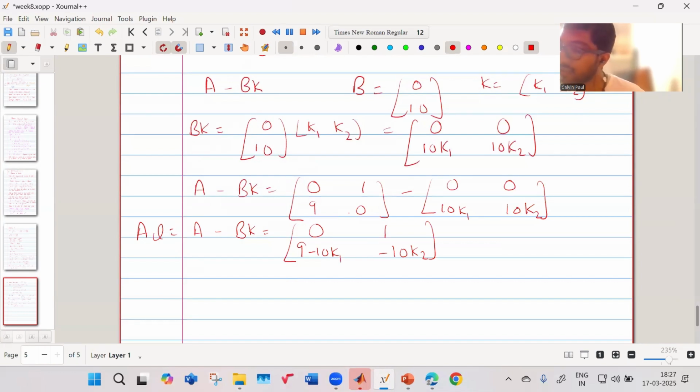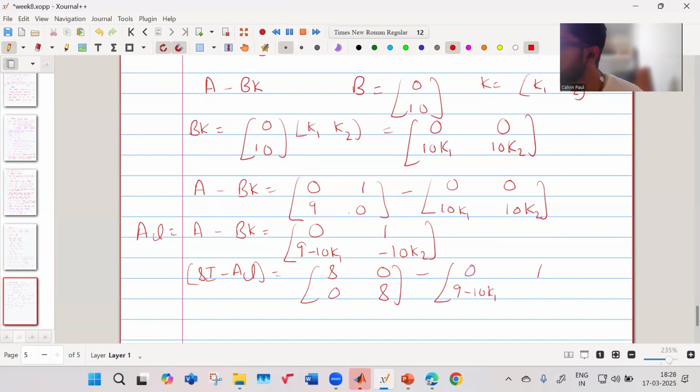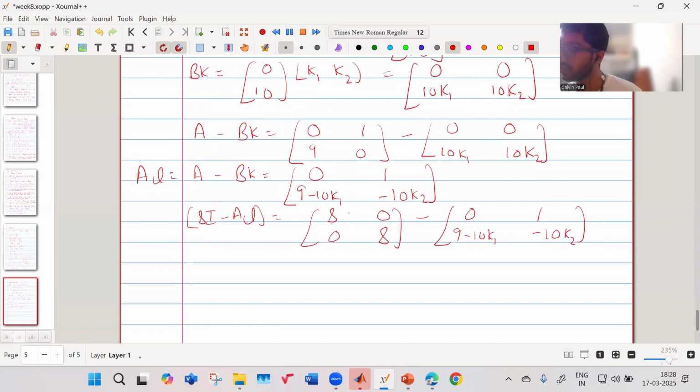So the eigenvalues of this will be given by sI minus A closed loop, that is [s 0; 0 s] minus [0 1; -9 - 10K1, -10K2].